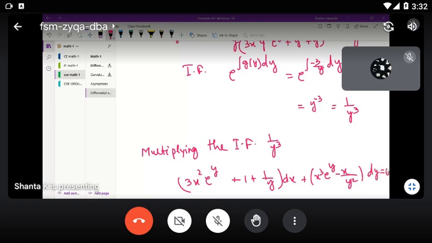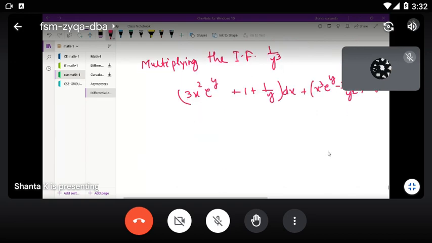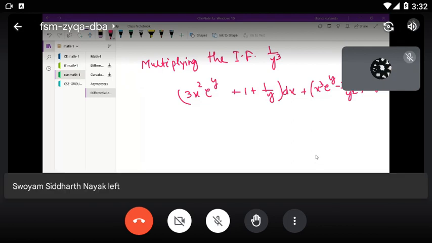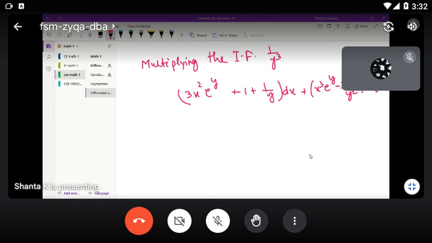Now you can check for the exactness. It will be exact. So you can check whether it's exact or not. So this equation is exact.